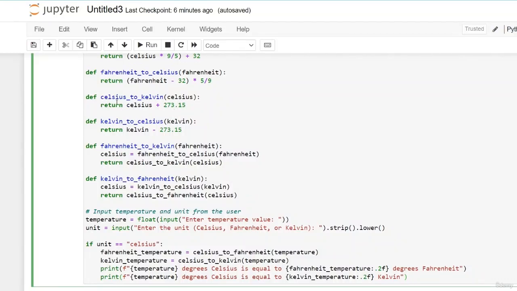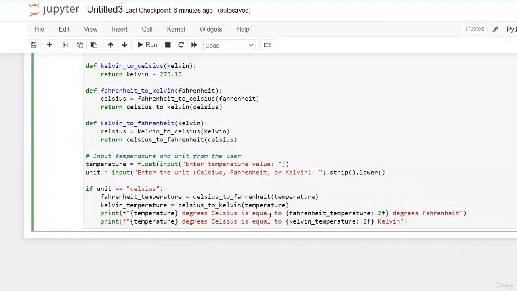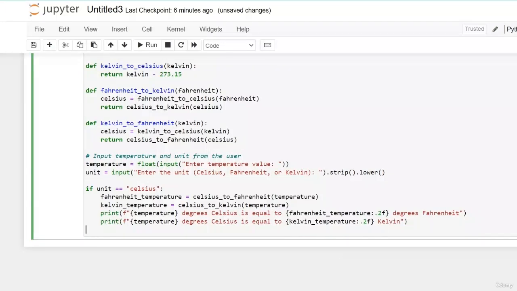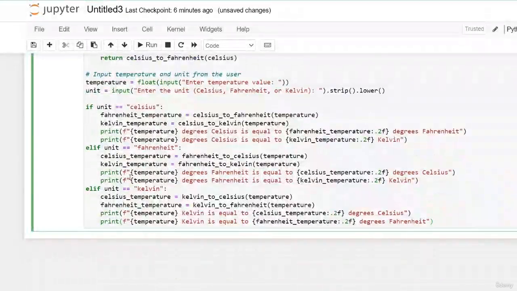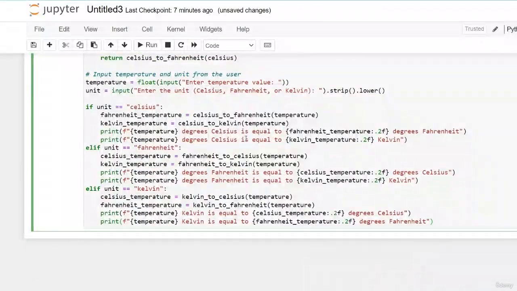It also goes to our Celsius to Kelvin function, computes the result, and then prints out the result. It is the same thing if Fahrenheit or Kelvin was entered as the SI unit. That is so similar to it. It goes to the respective functions, computes the result, and then prints out the result.